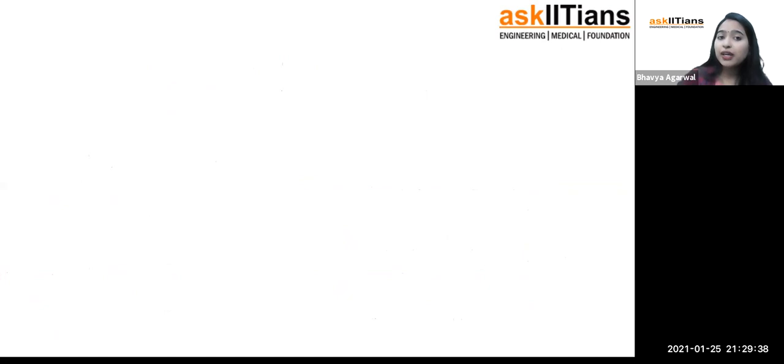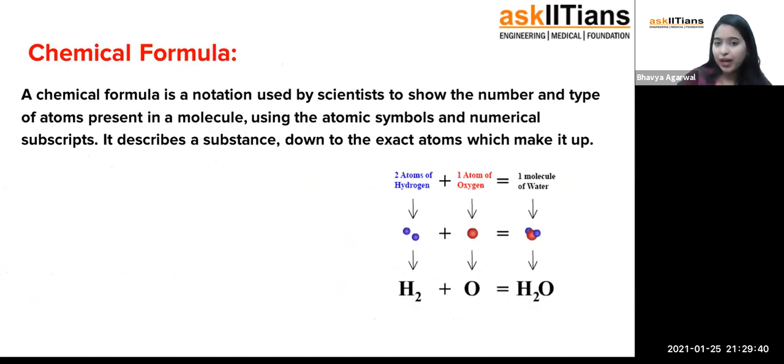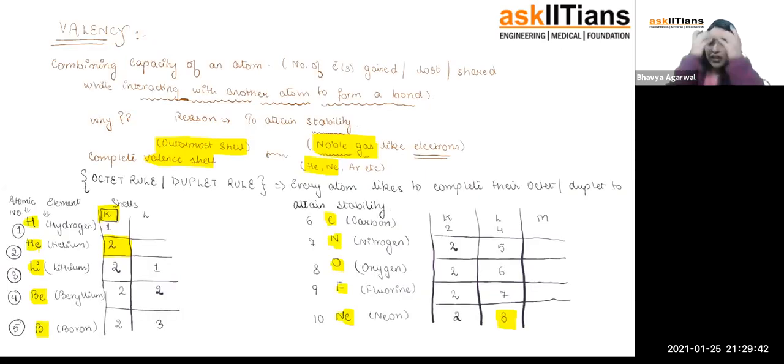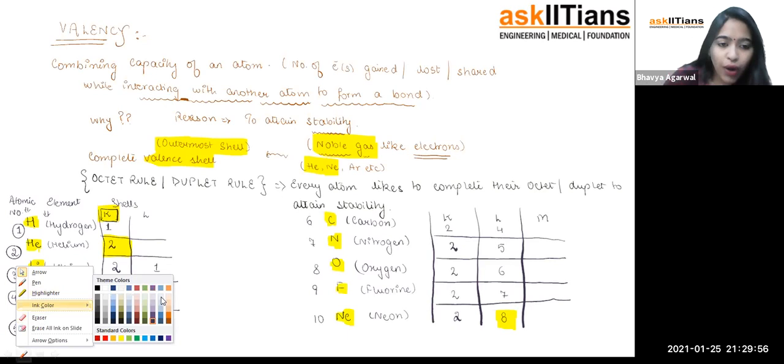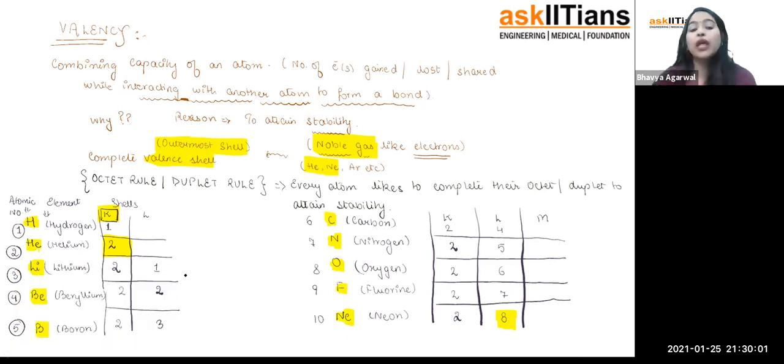So we will be talking about chemical formula. Now, whenever we talk about chemical formula, we will be talking about the valency factor. Okay. Now, in the valency factor, we need to add one more thing, and that is, how do you calculate the valency? Since we said it is the combining capacity, right?